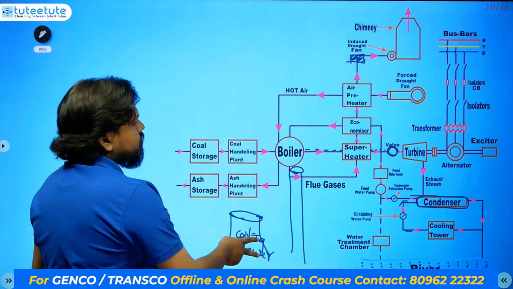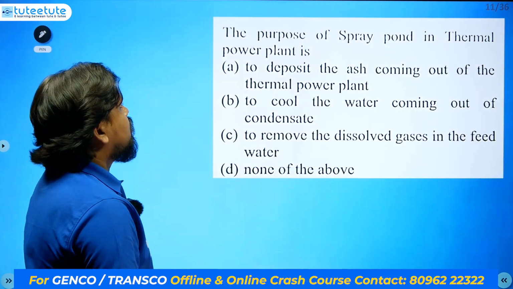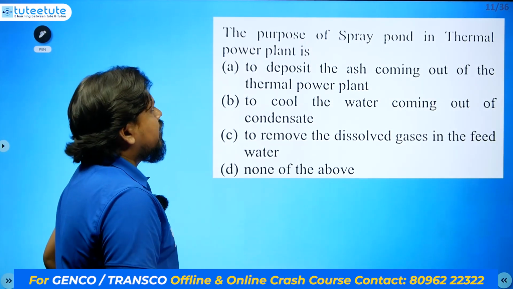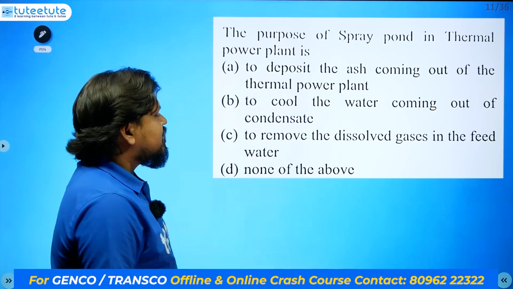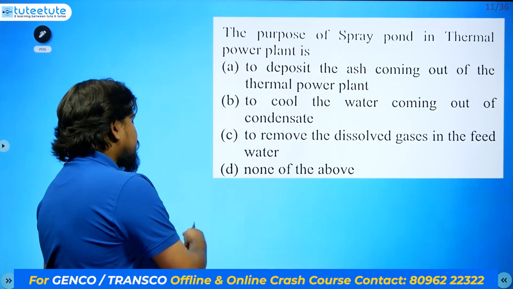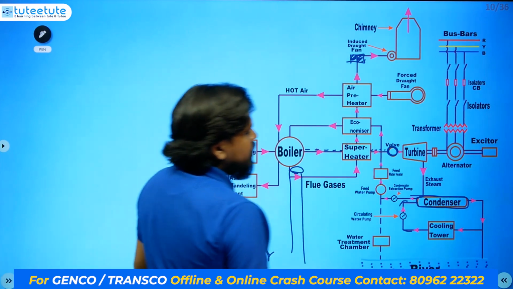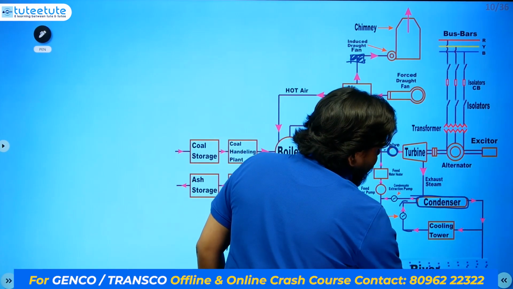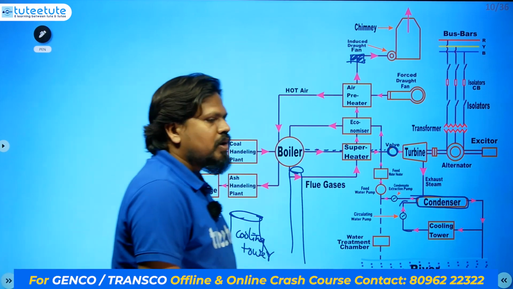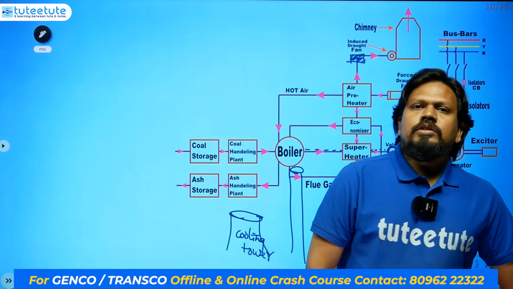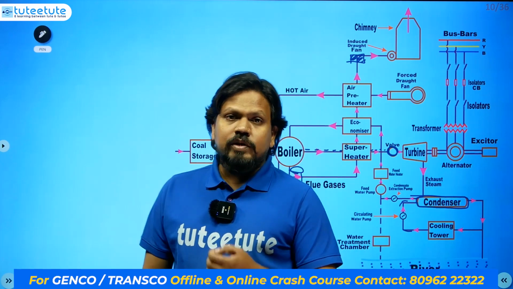Okay, next question. The purpose of spray pond in thermal power plant is, they are asking. What is this spray pond? Generally here in this diagram we have given a river. Sometimes a river may not be available. Just see our RTPP, Rayalaseema Thermal Power Plant.